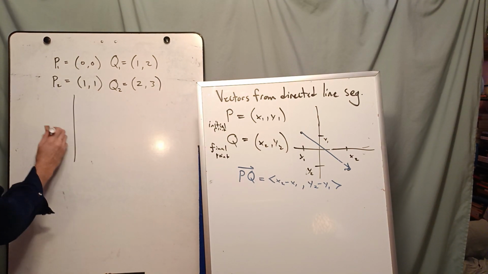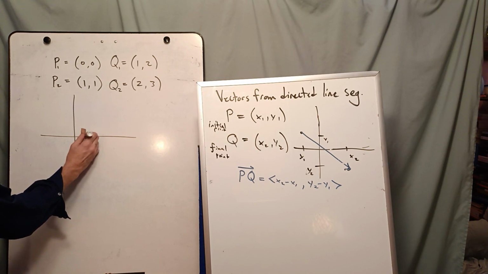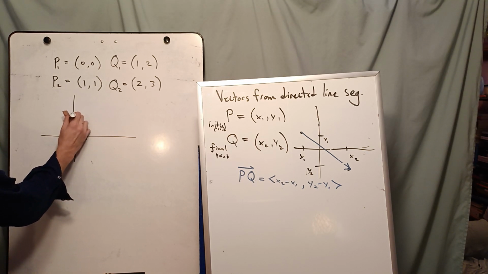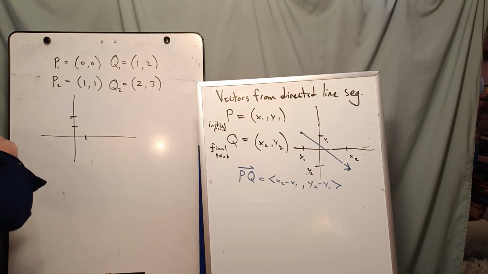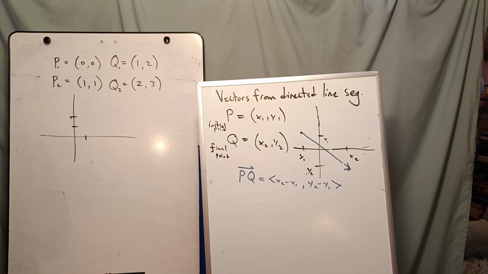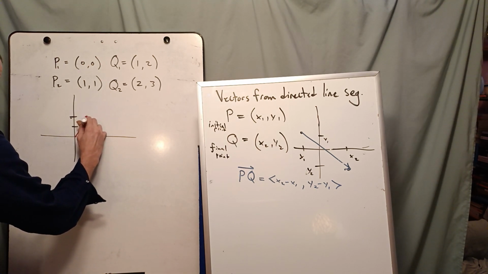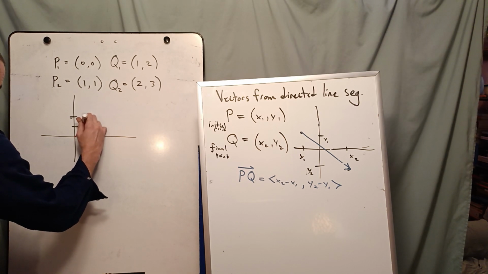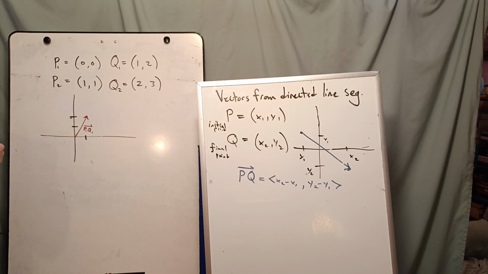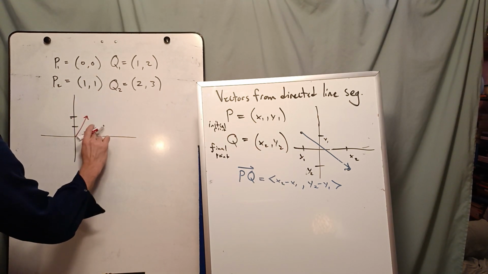Let's graph these to see what that looks like. So here would be the line segment P1, Q1, the vector, shall we say.